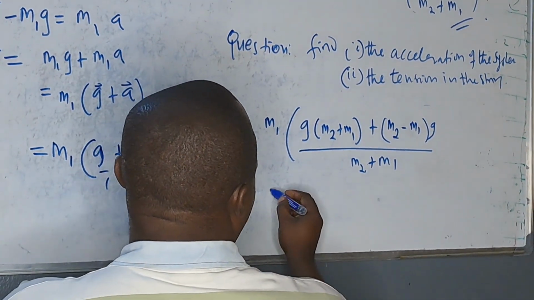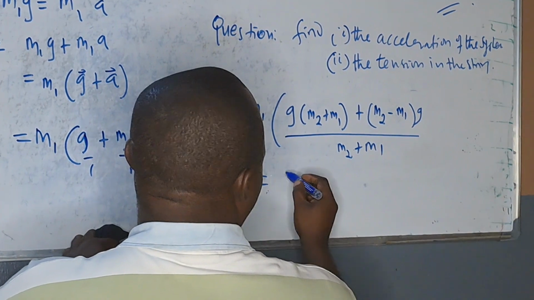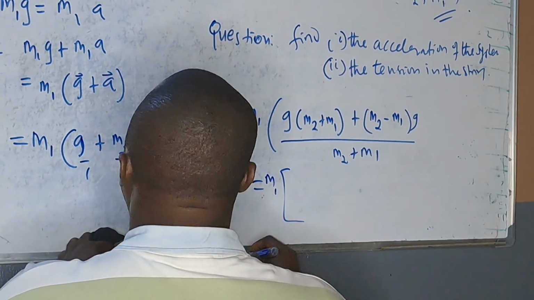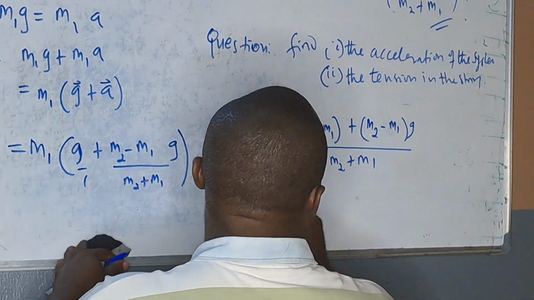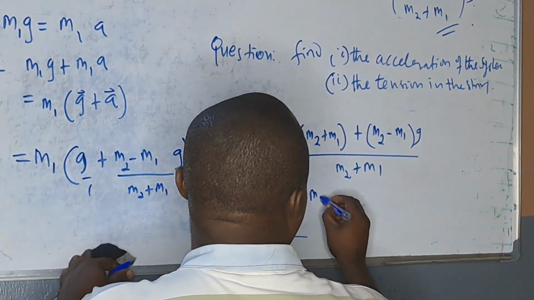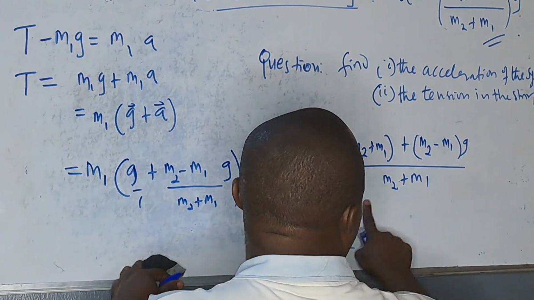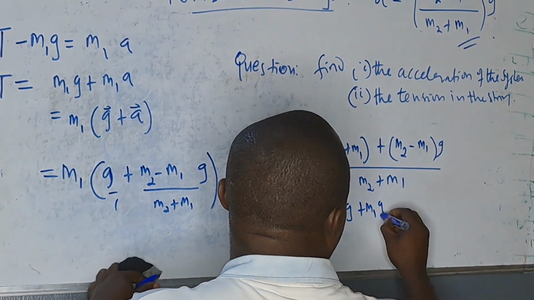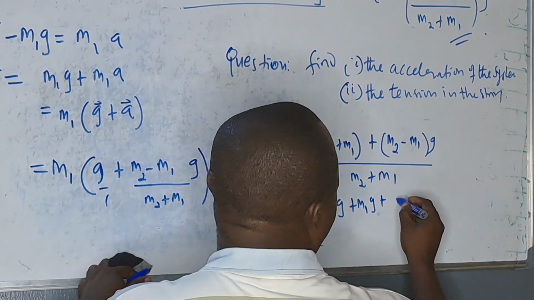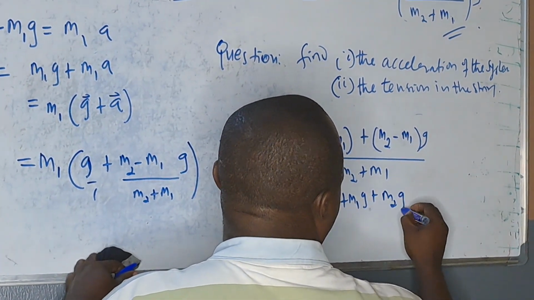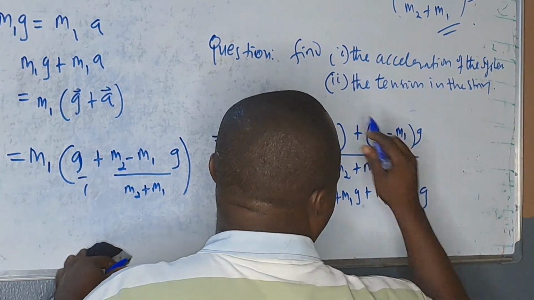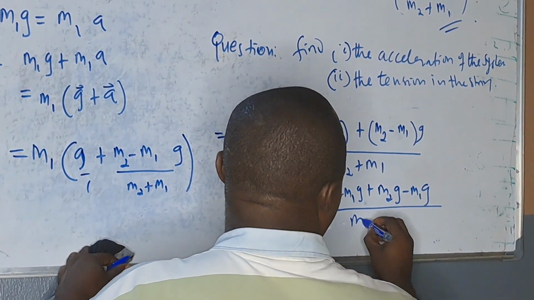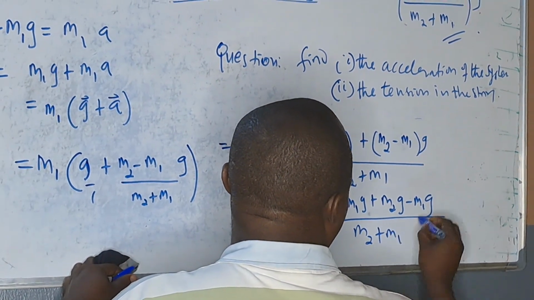So that gives us M1 into G M2 plus M1G plus M2G minus M1G, all over M2 plus M1.